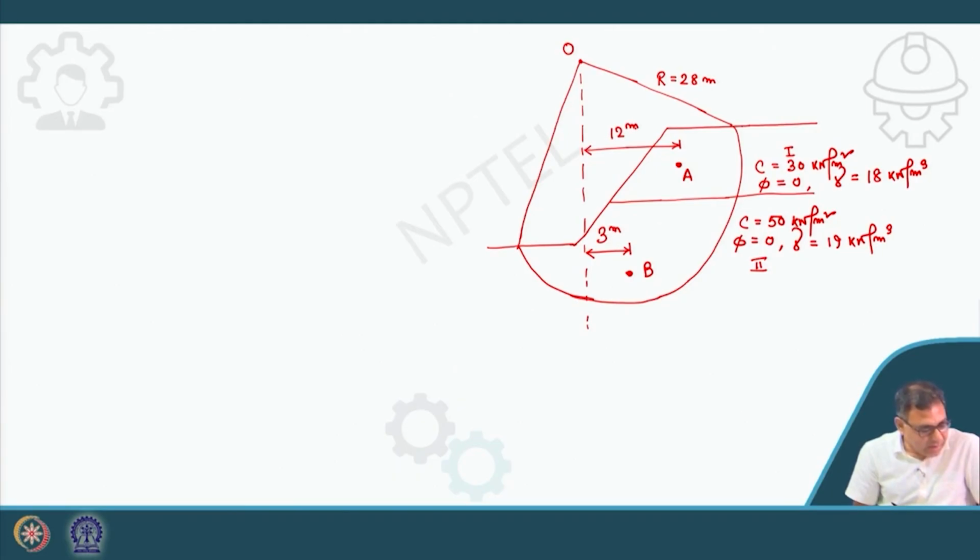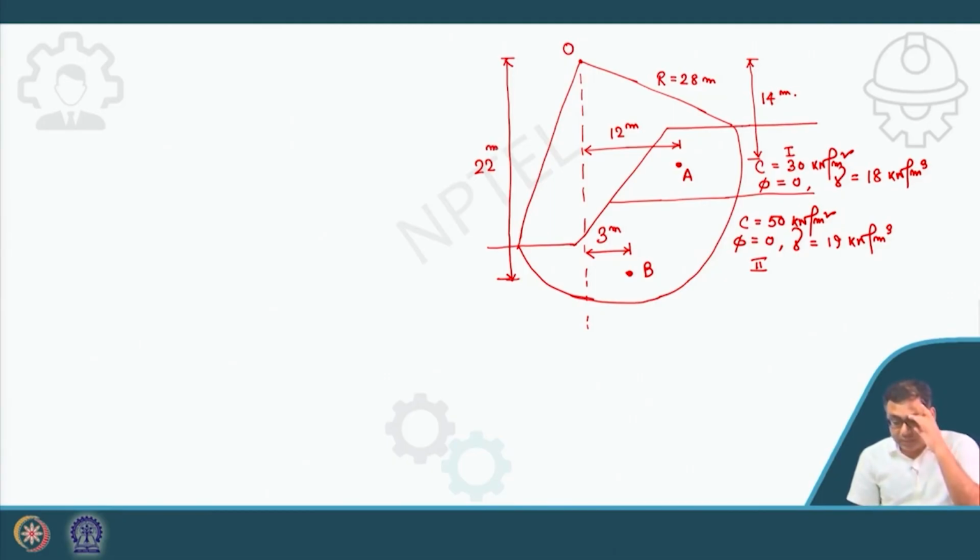Okay, and this is the horizontal distance. From O, the vertical distance for A is 14 meter, and for the B point the vertical distance is, say, 22 meter, and the radius is 28 meter.